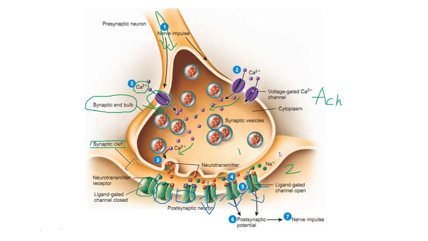As soon as there is an influx of sodium into the postsynaptic neuron, it is going to get depolarized, and the story of depolarization and repolarization is going to begin in neuron 2, and the same process is going to begin again.